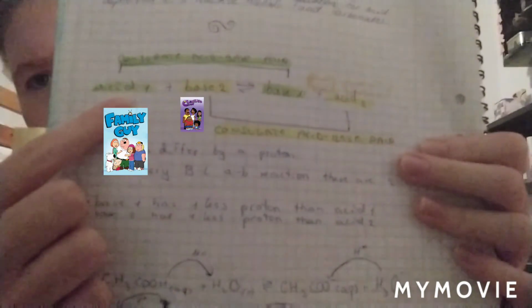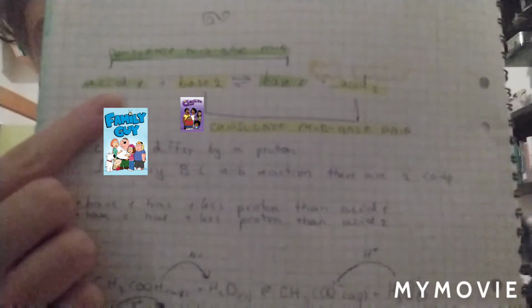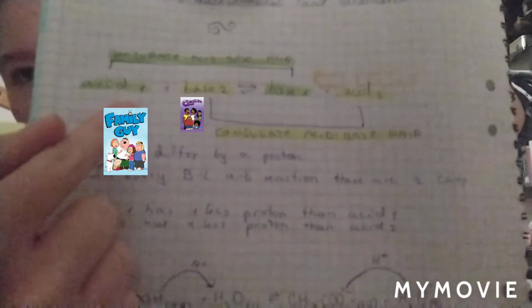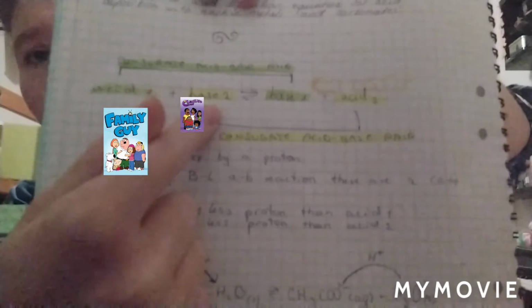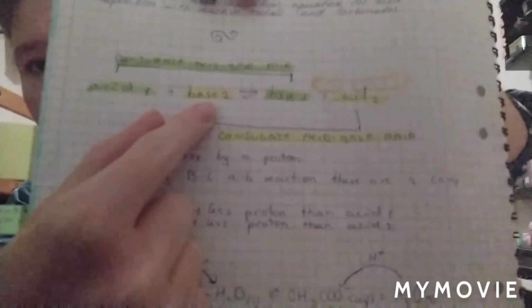I could write it down, but I don't have it at the moment. So we have, where is it? Yes, acid 1, the Family Guy creator, who gives his inspiration, his proton, to base 2, the creator of the Cleveland Show.